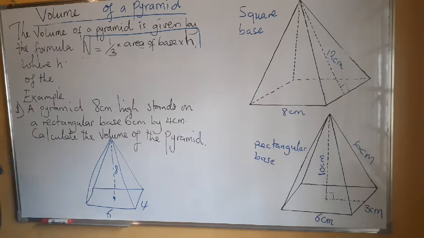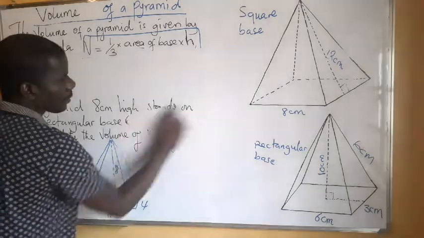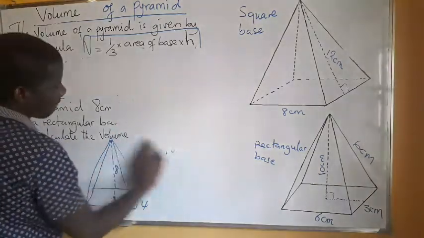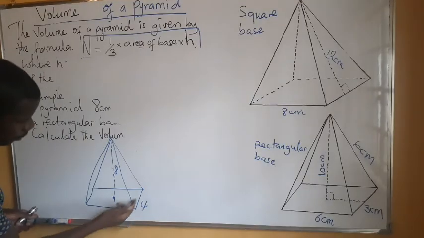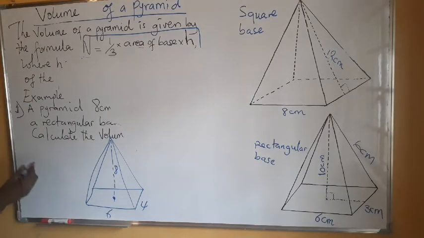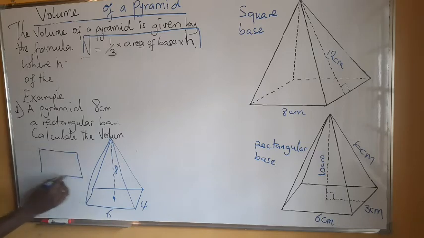What we are supposed to do here is to apply the formula. Now look at our base. Our base is a rectangle, which is 6 multiplied by 4.